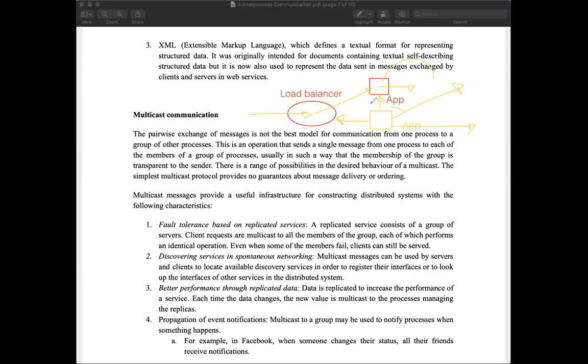This is a new instance, which means our infrastructure has been updated. So in order to discover the new updates, we can use multicast communication. That means the node itself multicasts to all other connected nodes, communicating that it has now appeared in the infrastructure. So that's the second one.